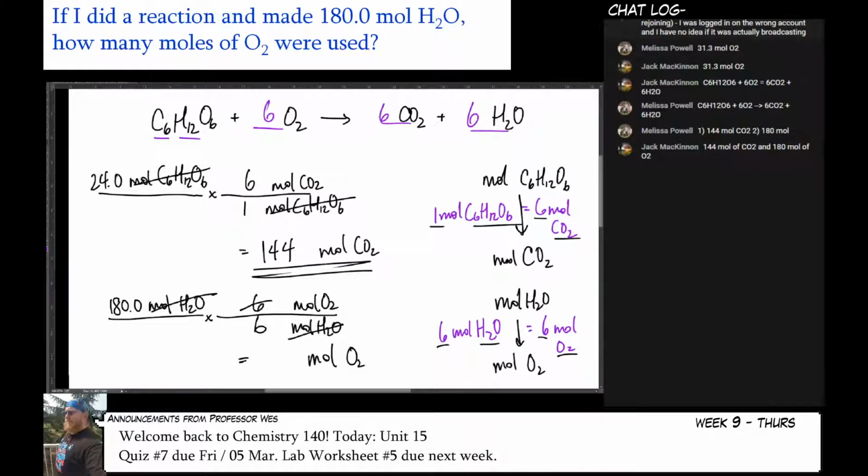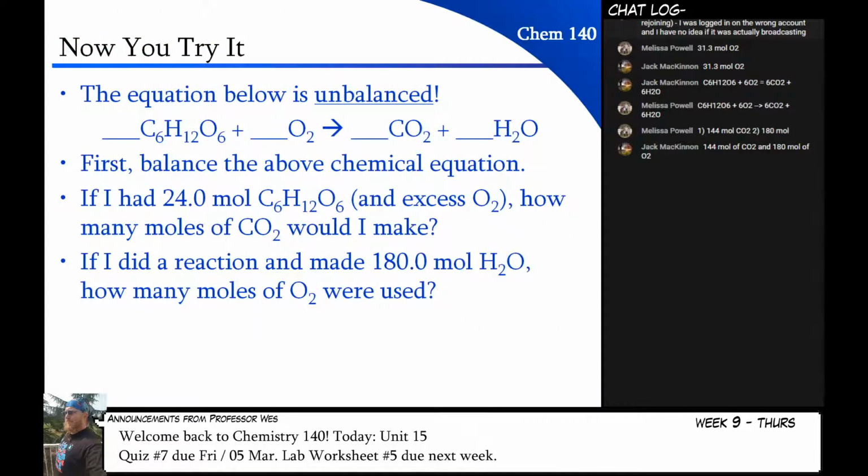And when you divide something by itself, it just cancels out, yeah? And that's all you need to do. So that's how you do those calculations. All right, any questions, let me know.